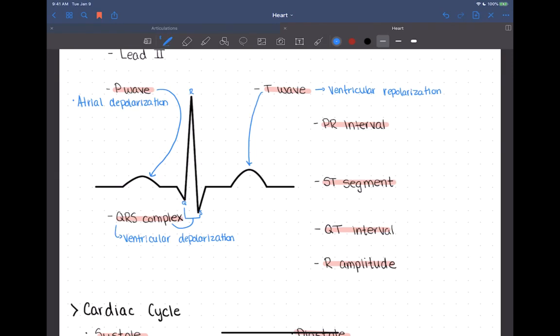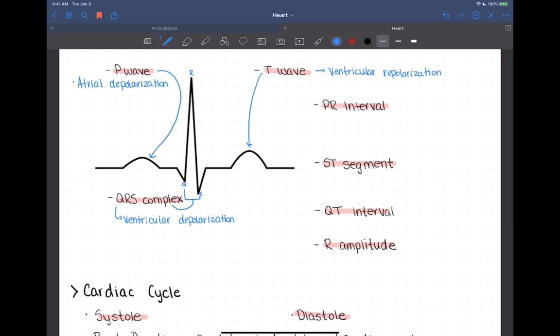Okay, so a couple of additional features you can look at with an ECG. The first one is the PR interval, or sometimes it's referred to as the PQ interval. That would be located right here.